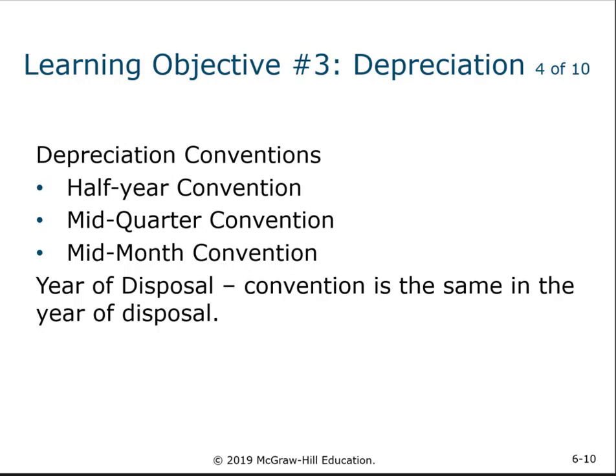Anything bought in June is treated as if it was depreciated from June 15th on. So in the first year you buy any type of real estate, you're going to get kind of an oddball half a month calculation. Then you're going to be in straight line for the other 27 years, and the last year that you have the asset, you're going to have this other half a month at the end.